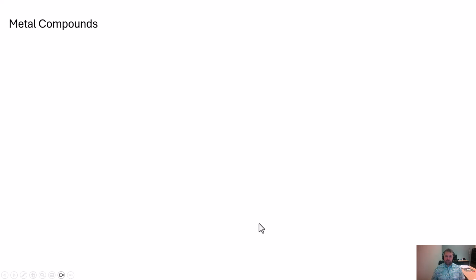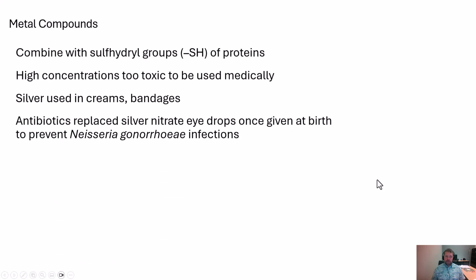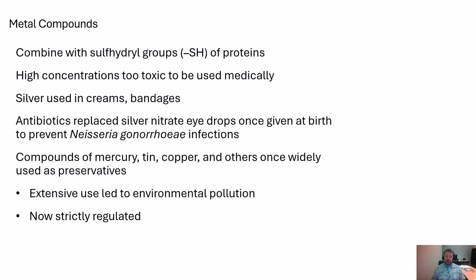Metal compounds used to be heavily used. Different types of metals don't allow for things to grow, and will disrupt the formation of proteins, and so they can be very, very useful. The problem with the metals, and I know they're used in different operations.